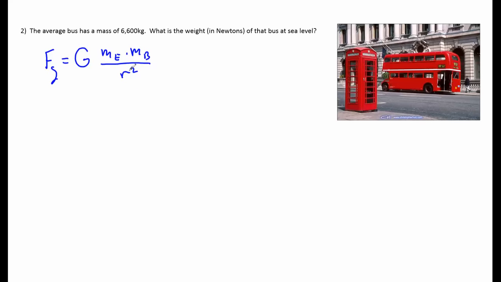So we are just going to use for this r, the radius of the Earth. And again, this r doesn't mean radius, this r is the distance between these two masses' centers of mass. And for the Earth, the center of mass is at the center of the sphere of the Earth. So let's see what we have for the force of gravity acting on this bus. Not the phone booth, the bus.